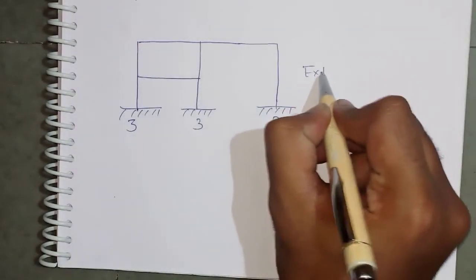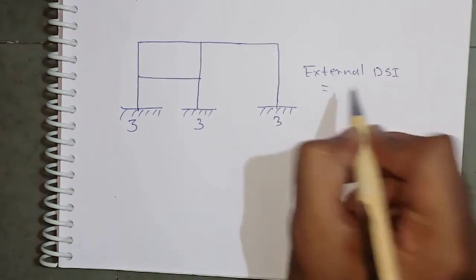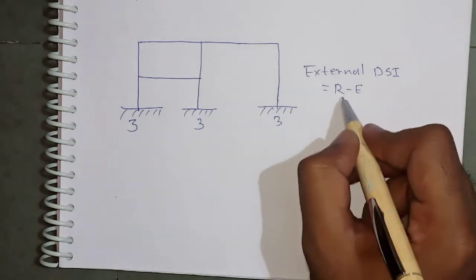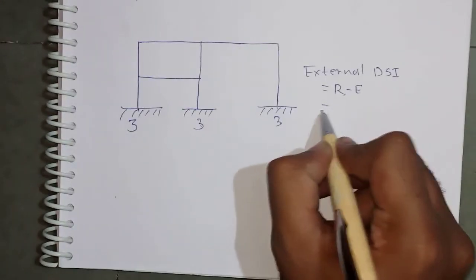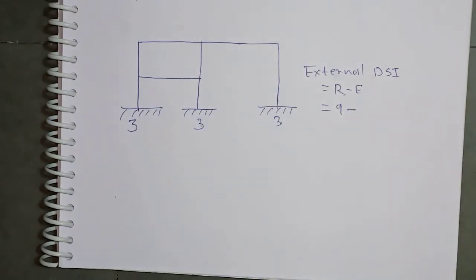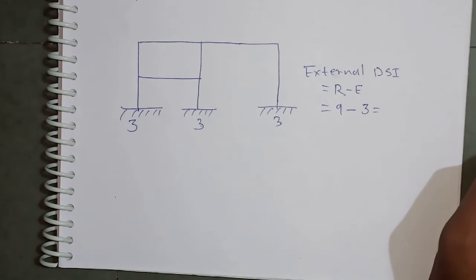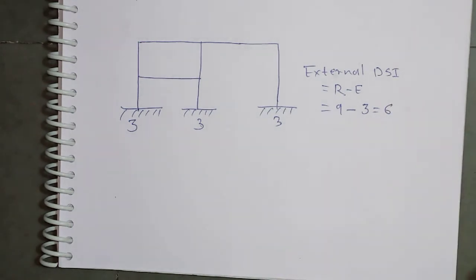So our external DSI formula is equal to R minus E. R, external reactions, is 3 plus 3 plus 3, which is 9. And as it is a rigid jointed frame, we will have 3 conditions of equilibrium available. So our external DSI will be equal to 6.